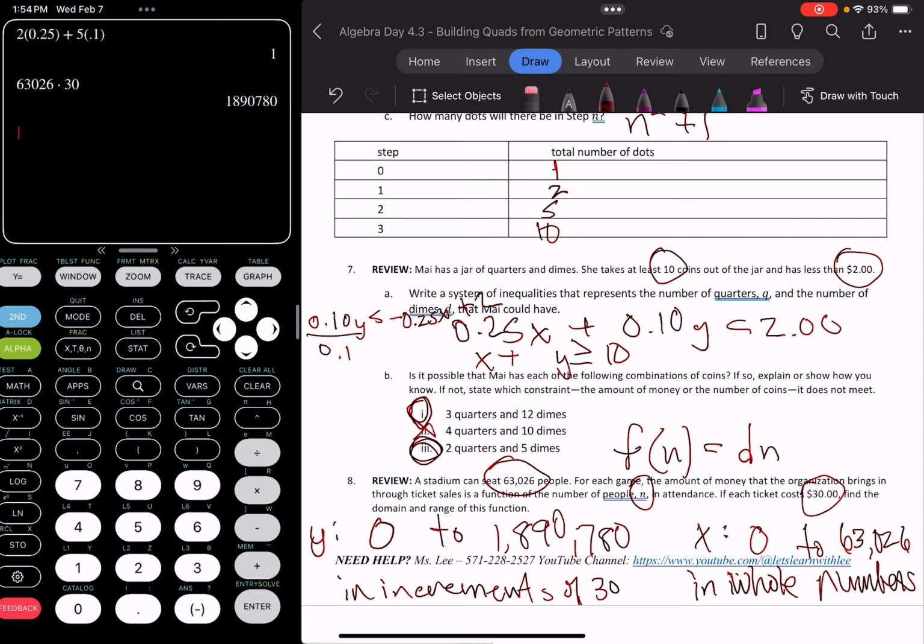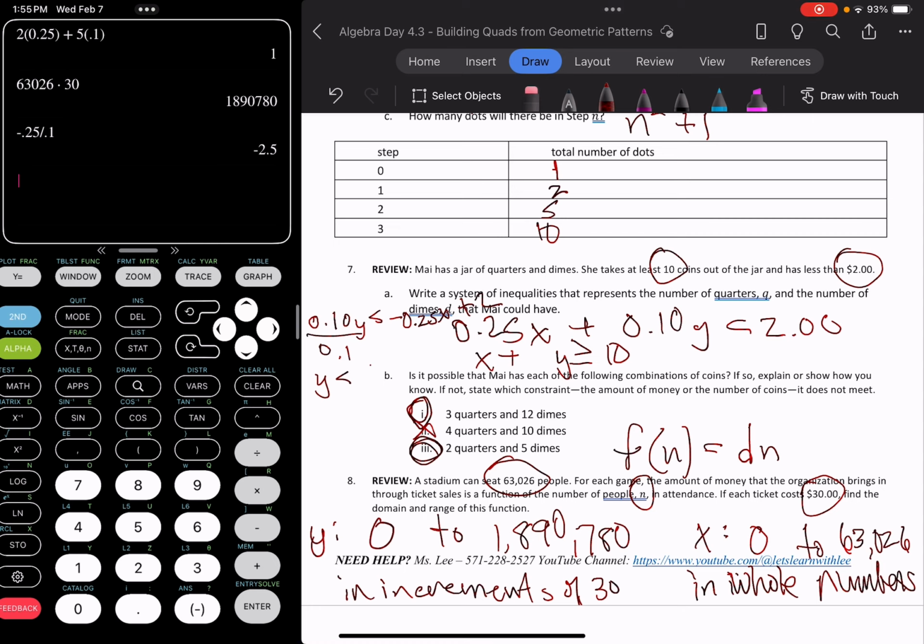Right, and so when we do that, we would get y is less than negative, sorry, 0.25 divided by 0.1 gives us negative 2.5.